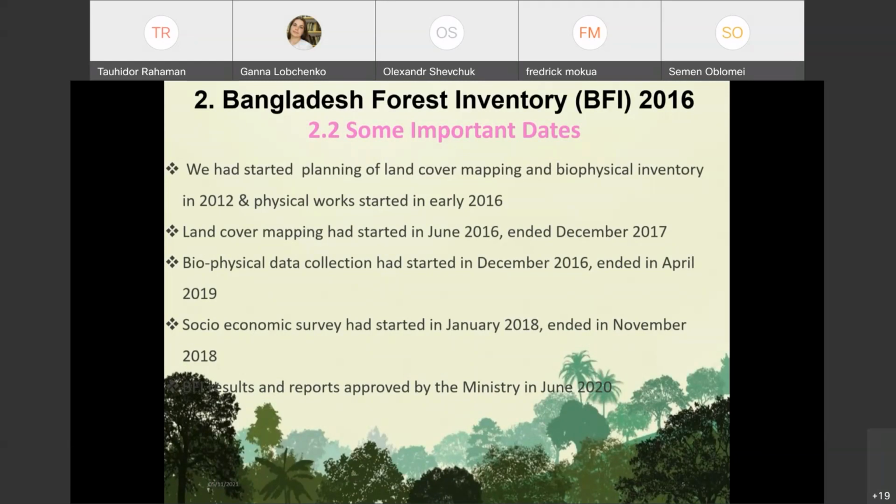The socioeconomic survey started in January 2018 and ended in November 2018. The BFI report was approved by the ministry in June 2020.